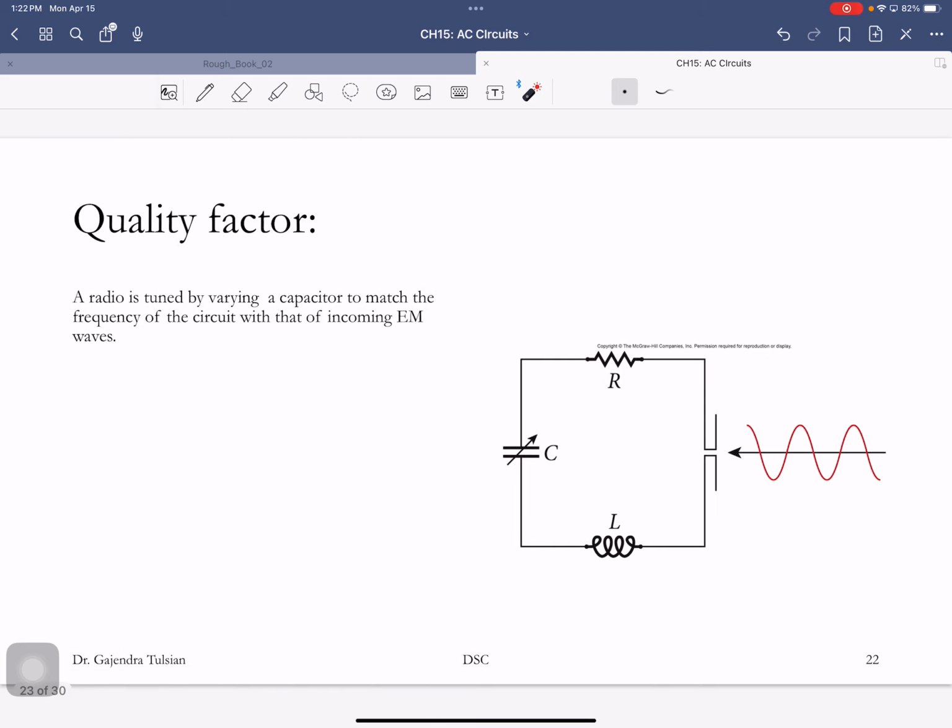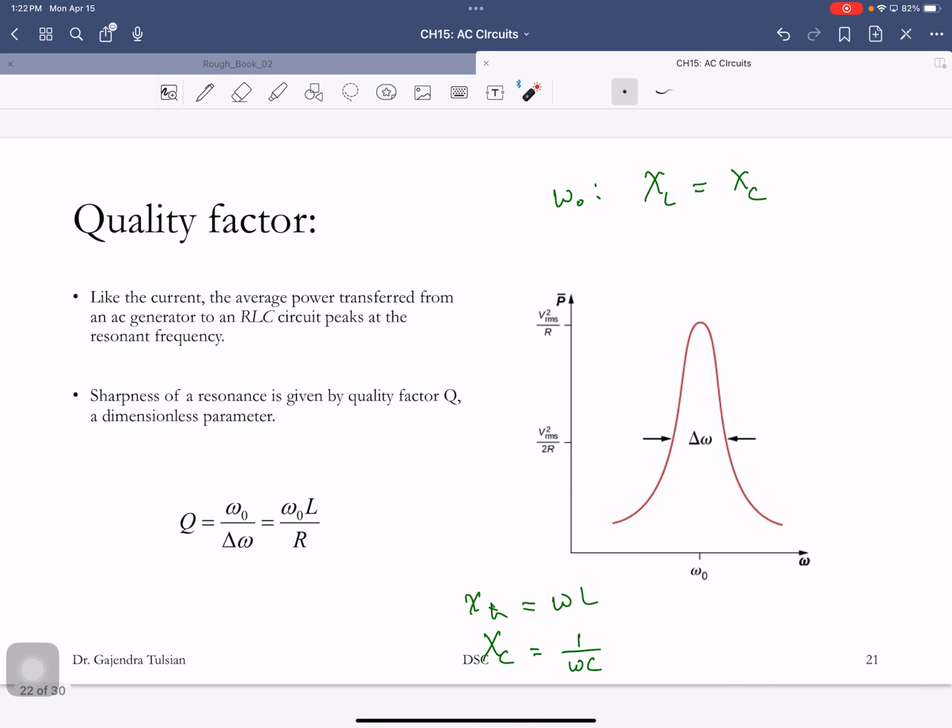And this is relevant for tuners. So instead of an AC source, now you're getting energy from an electromagnetic wave. When you want to catch a station, there are nearby stations.